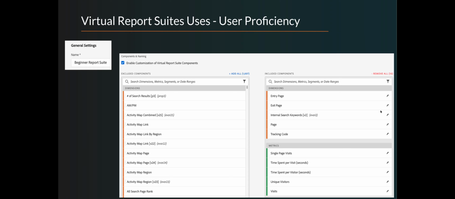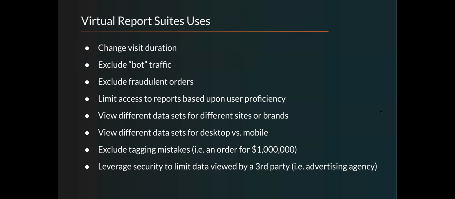I want to just give them the bare bones stuff they need. So you can make a beginner report suite, an intermediate report suite, an advanced report suite. It's a cool way to ease people into Adobe Analytics and not overwhelm them, and you get to choose exactly what elements you want in the report suite.